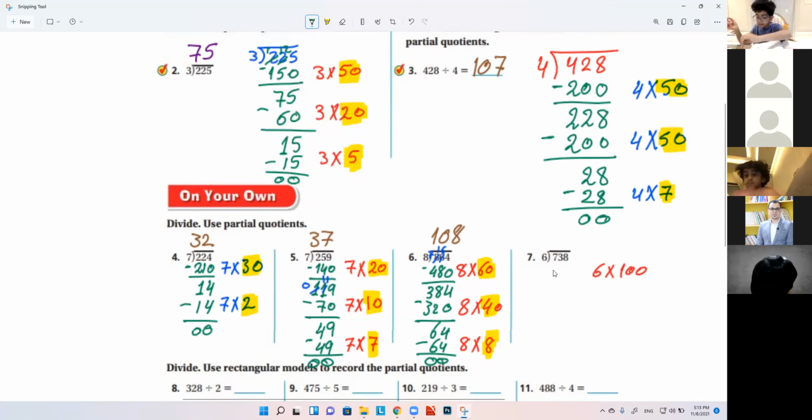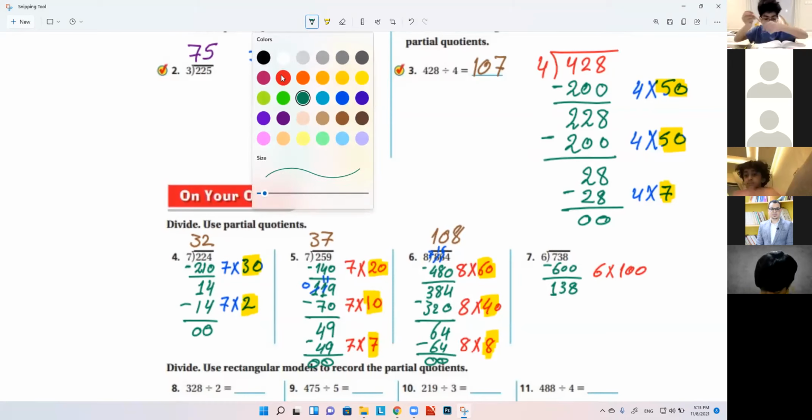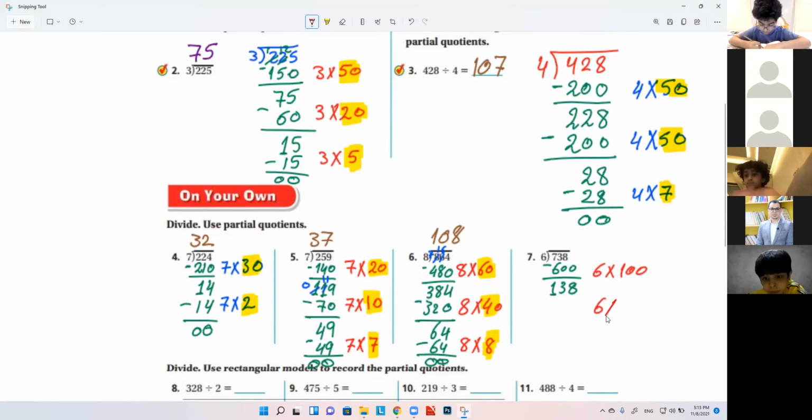Then subtract: 8 minus 0 equals 8, 3 minus 0 equals 3, 7 minus 6 will be 1. Okay, so now we're gonna multiply 6 by what here to get a number smaller than 138?